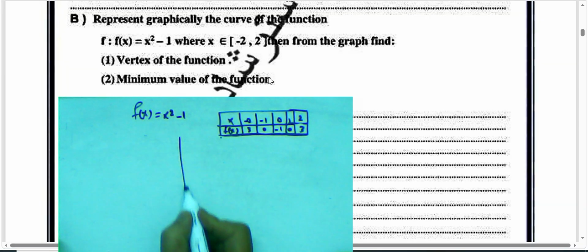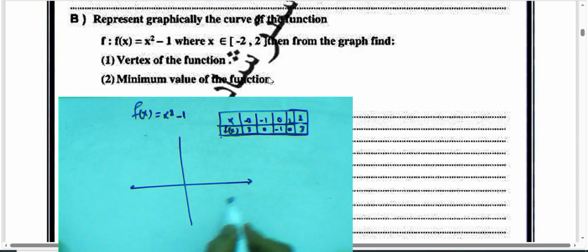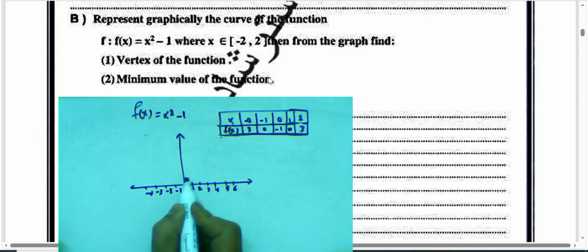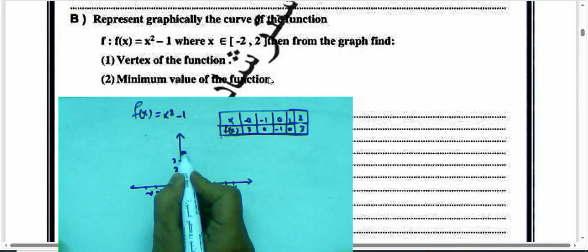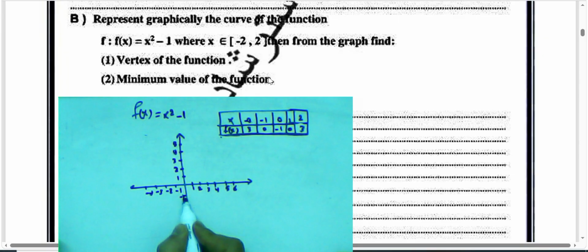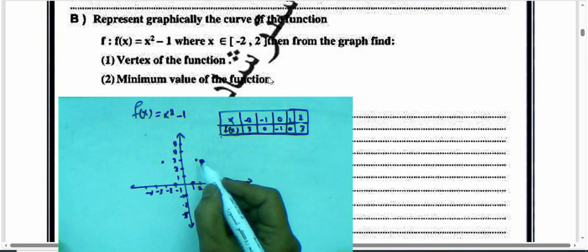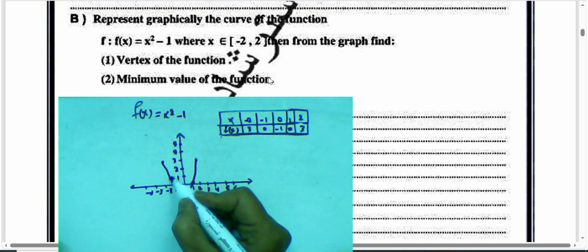Now I will draw the x-axis and y-axis perpendicular. Then plot the points: negative 2 with 3, negative 1 with 0, 0 with negative 1, 1 with 0, 2 with 3, and then draw the curve like this.